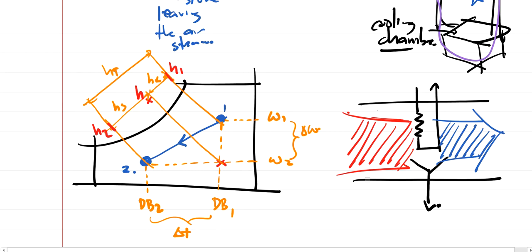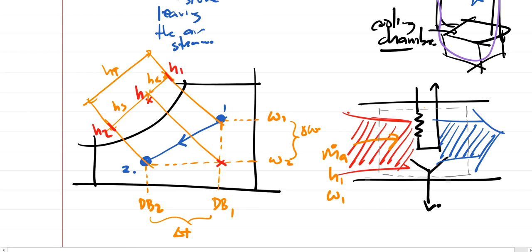If we set up our system boundary right here, what are the energies that enter the system and leave the system? The first one is the energy from the airstream. We have a mass of air, or mass flow rate if it is per unit time, then the enthalpy, and we also have this humidity ratio.